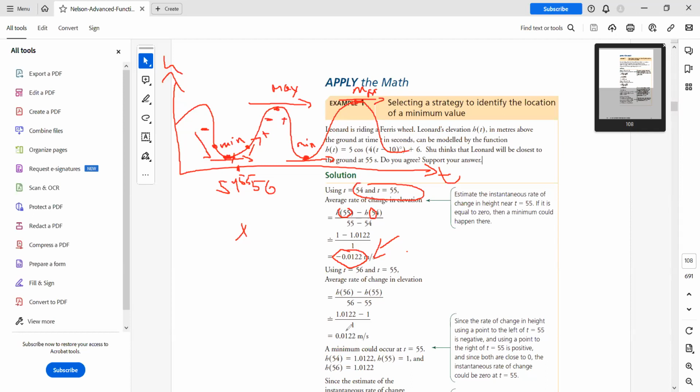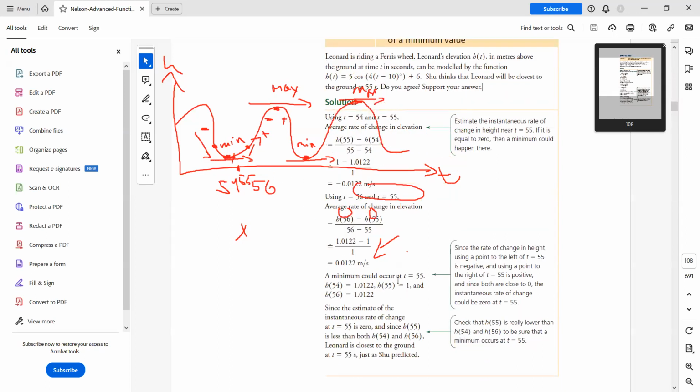Also, you can see that the average rates of change are equal in absolute value for both intervals, which means basically that t equals 55 gives us a point of local symmetry of the graph, which makes it the minimum point of this curve.